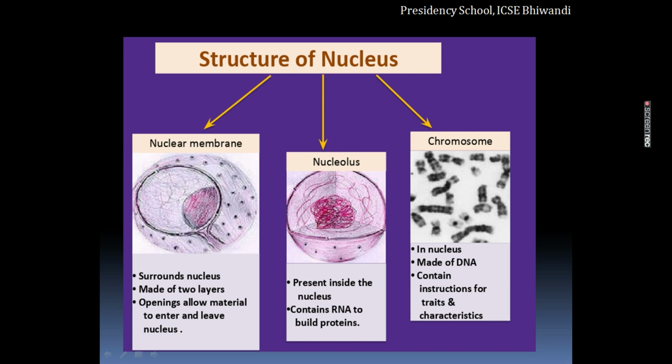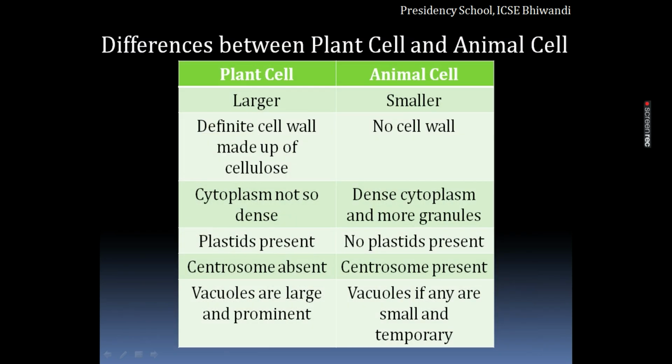Now let's understand the difference in between the plant cell and the animal cell. When we talk about the differences in between the two, please do write about the characteristic features of it. When I talk about the plant cell, the cell is generally larger. Animal cell is generally smaller.